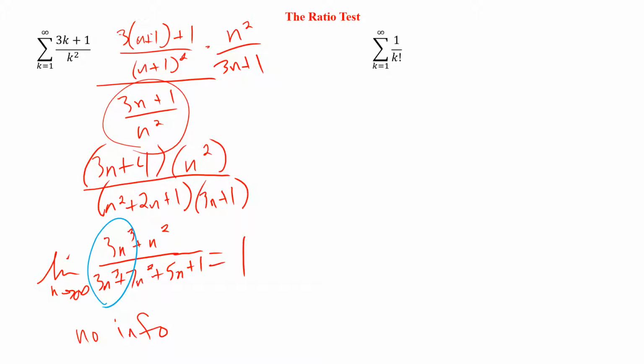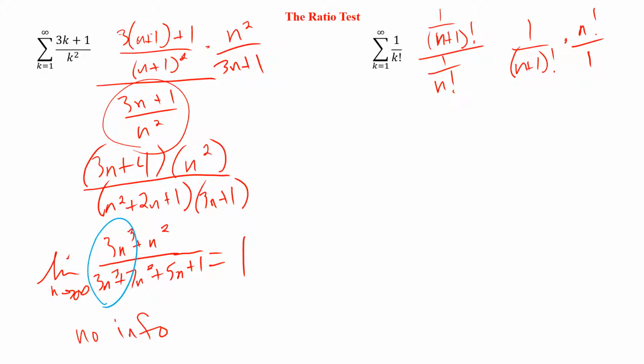Next one, 1 over k factorial. We've seen one similar to this. Same thing, 1 over (n plus 1) factorial over 1 over n factorial. That can multiply up to the top, so we have 1 over (n plus 1) factorial times n factorial over 1.